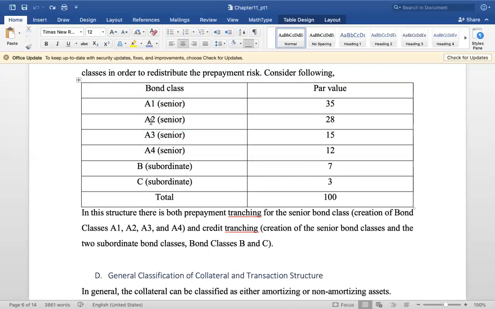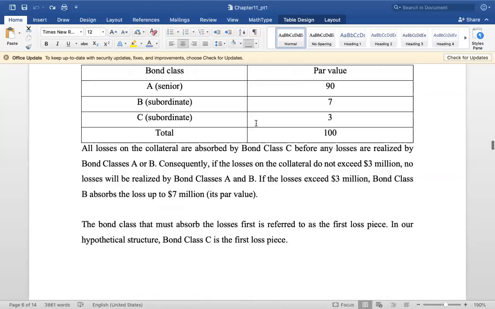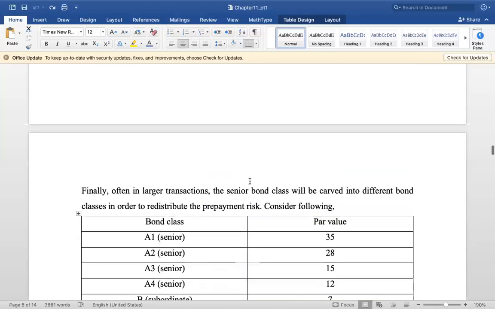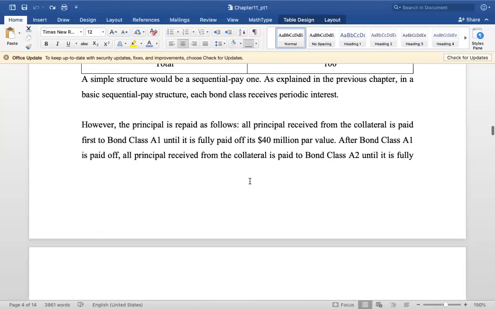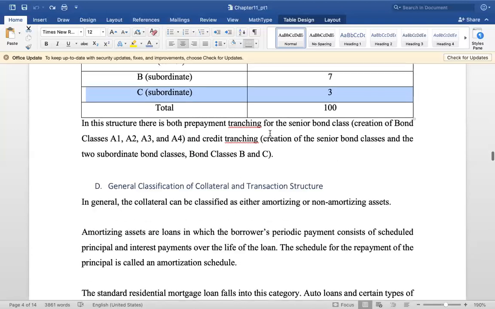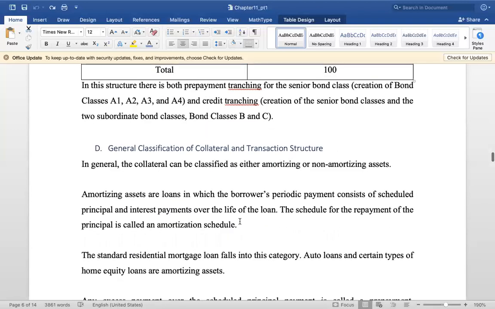The same way A3 will only be paid when A2 and A1 are paid, and so on. But if there are defaults, the losses will be borne by this C class bond, and so on, just like we have discussed here, right? So this is all about the bonds which are issued out of an asset-backed security.